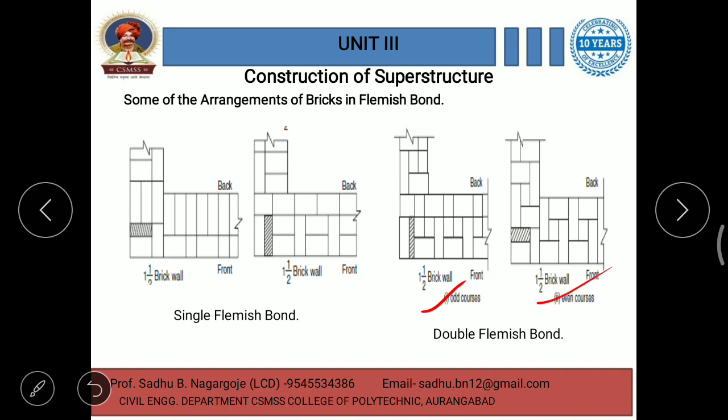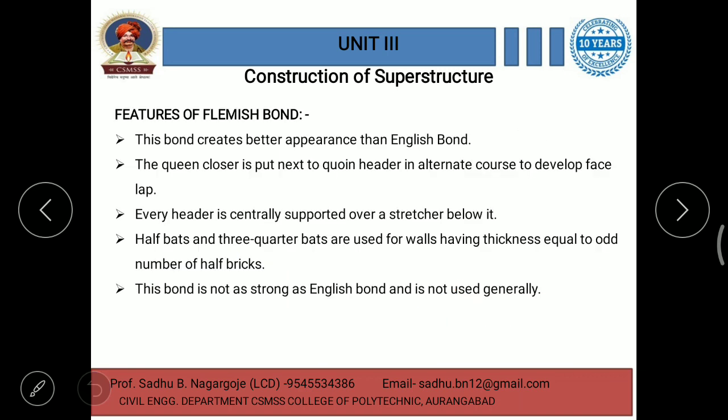Okay, this is half brick wall single Flemish bond, and this is a 1.5 brick wall double Flemish bond. Okay, and again features of Flemish bond. This bond creates better appearance than English bond. Appearance, okay, appearance or look of Flemish bond is better than that of English bond.